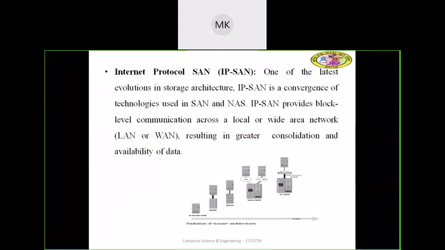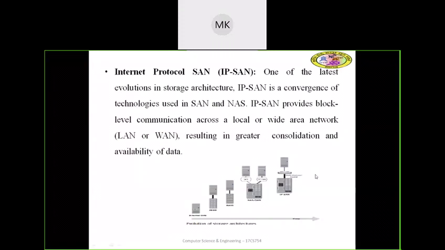Internet Protocol SAN, that is IP-SAN, is one of the latest evolutions in storage architecture. IP-SAN is a convergence of technologies used in SAN and NAS. IP-SAN provides block-level communication across a local or wide area network, LAN or WAN, resulting in greater consolidation and availability of data.